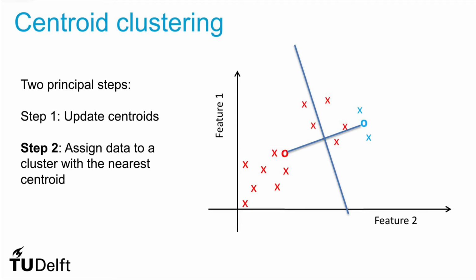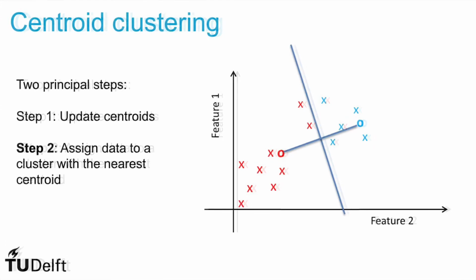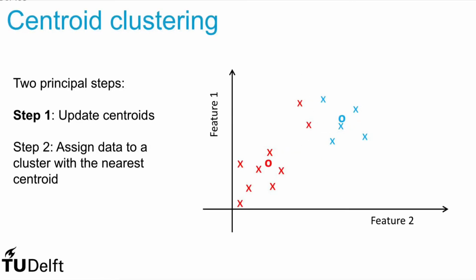We define the new regions, and now you see that there are 3 red points that now belong to the blue region. This method is iterative, so you repeat steps 1 and 2 again and again until there are no changes in the final solution.